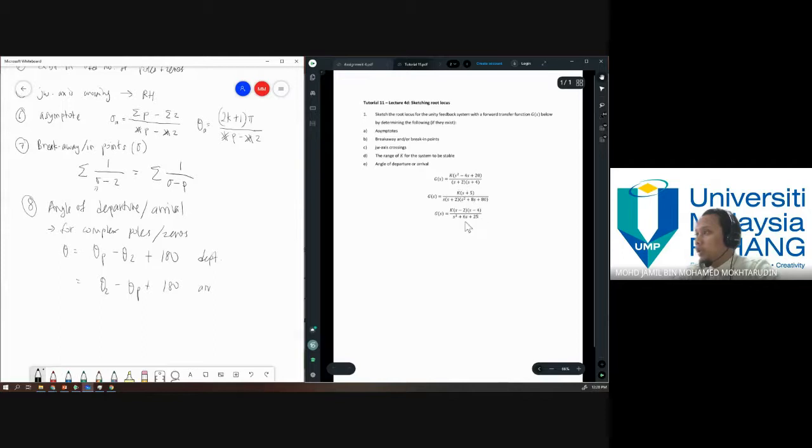So there are 3 questions, by determining the following if they exist: asymptote, breakaway or breaking points, JW axis crossing, range of K for stable system, and the angle of departure and arrival. Okay, but sometimes they might not exist in the root locus. So this is a unity feedback system with a forward transfer function.